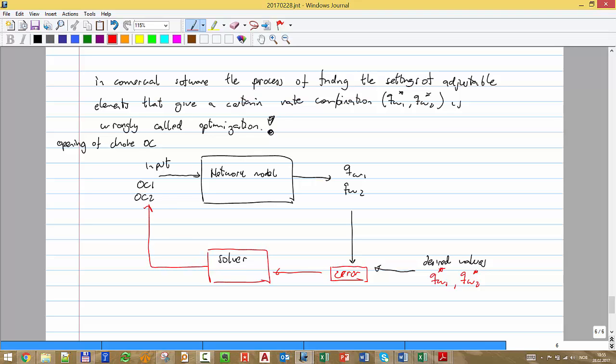So you say: open choke, find the rates, do they deviate from what I want? Yeah, they deviate. Now I find another opening, substitute, find the rates, do they deviate, and repeat until a certain tolerance is matched.